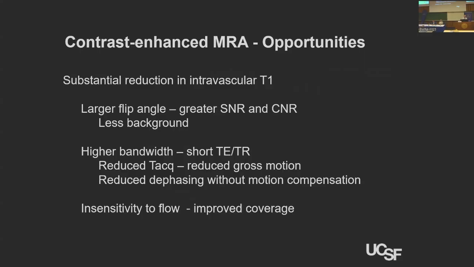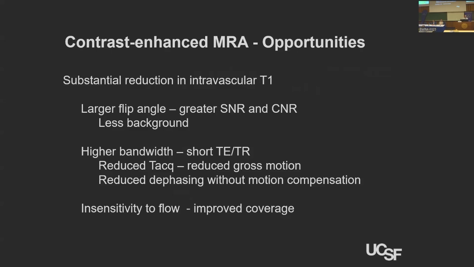Given the increased magnetization that's available for sampling, this permits the use of much higher bandwidth sequences and consequently the ability to have much shorter echo times and greatly reduced repetition times. Very much shortened repetition times reduce the total acquisition time from the order of minutes to the order of tens of seconds.